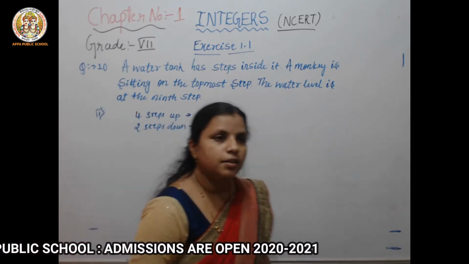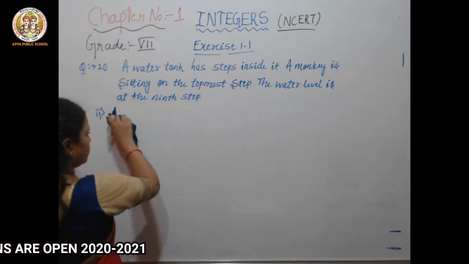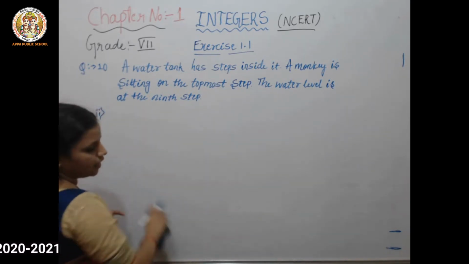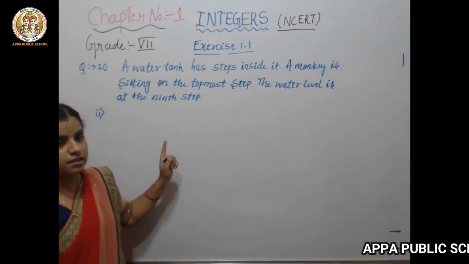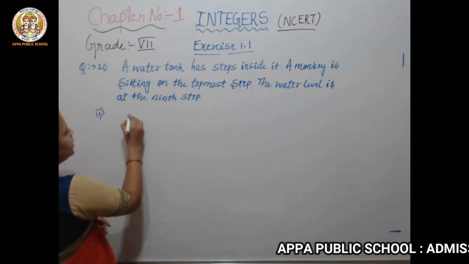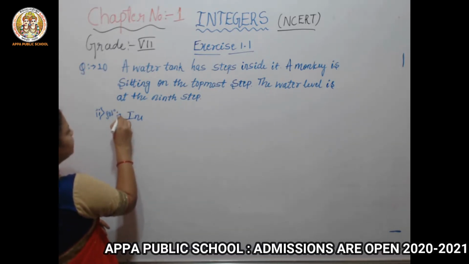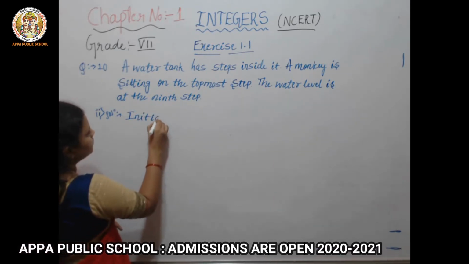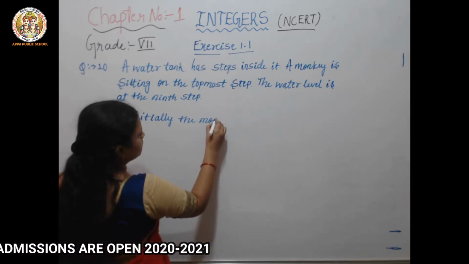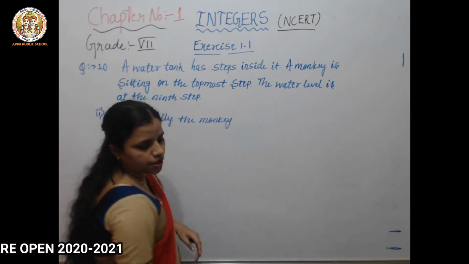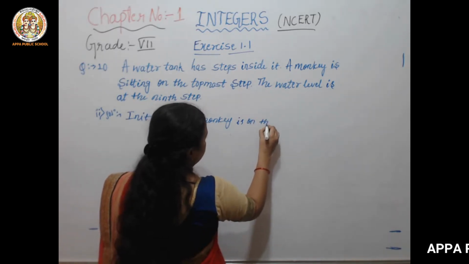Now here the monkey is at the 9th step, whereas in the previous sub question the monkey was at the first step. But here, the solution: initially the monkey is on the 9th step.